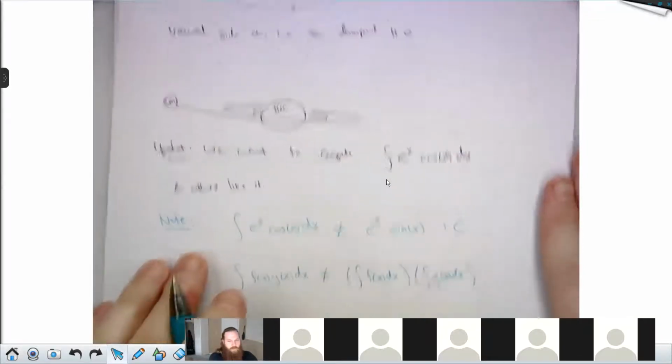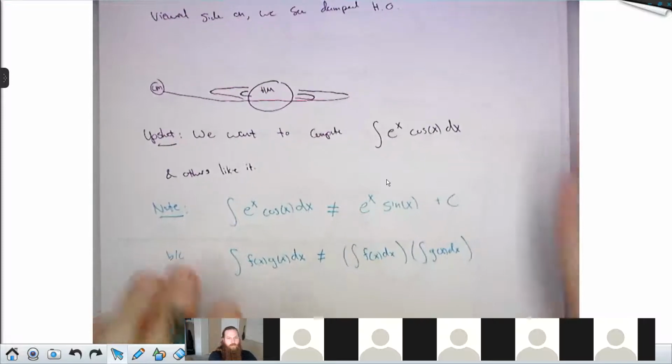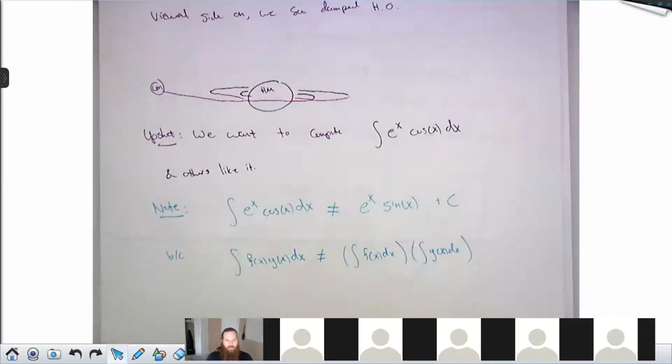This doesn't work, just like it doesn't work for regular derivatives. The regular derivative of a product is not the product of the derivatives, and the antiderivative of a product is not that. This is why we have integration by parts, because you can't do this.